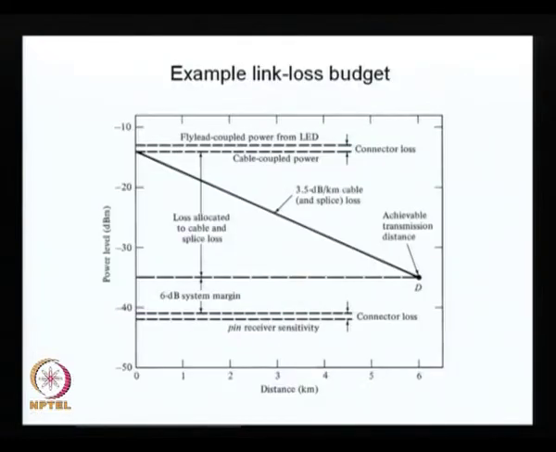The same thing has been shown graphically here. We have a power level which you are transmitting, then this is the minimum detectable level which has to be met for a given BER. We are providing about 6 dB system margin. So, this is the power difference which is available for loss inside the optical fiber.